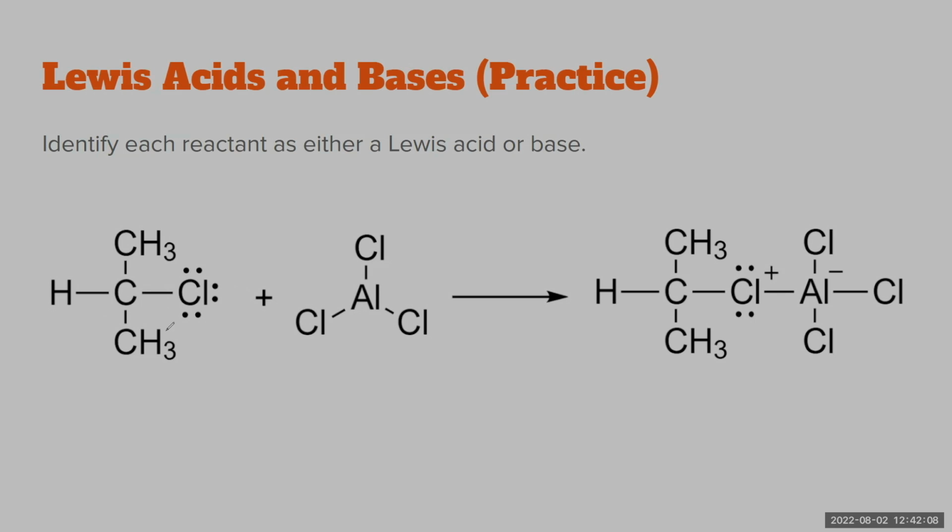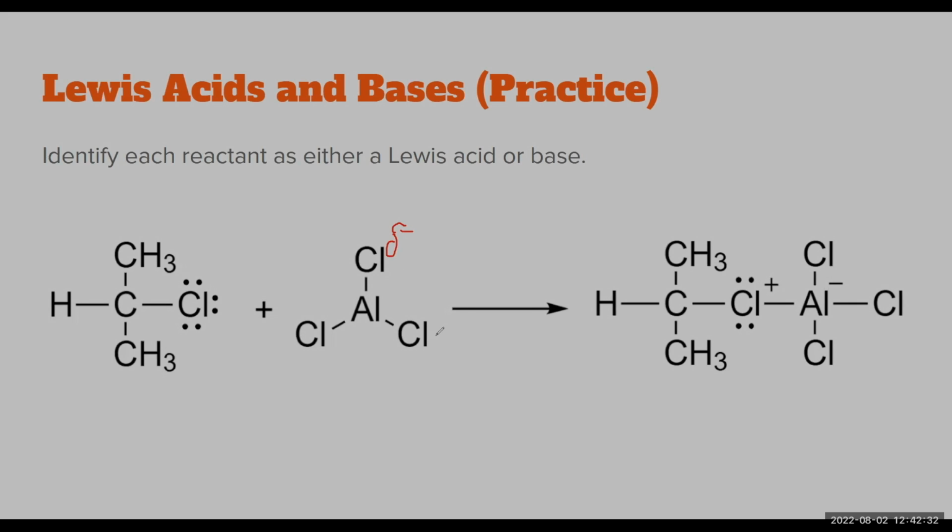All right, so the Lewis acid in this case is going to be the electron pair acceptor. If you were to draw the partial positive and partial negative, we know chlorine is pretty electronegative, so I can draw these partial negatives all around here.